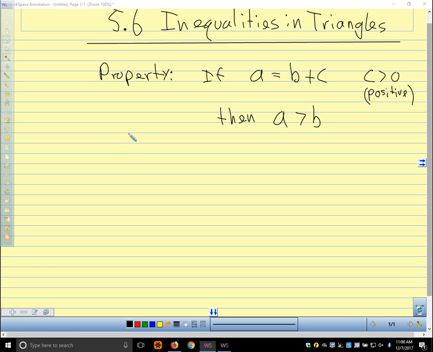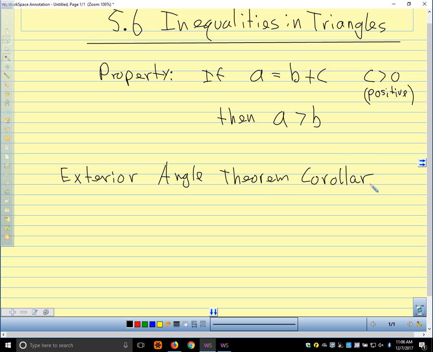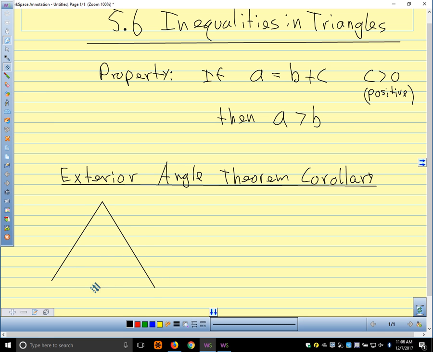All right. So the first inequality that we're going to talk about has to do with exterior angles. And this is a corollary. And remember, a corollary is just something that we can figure out easily once we already know a theorem. So let me draw a picture so we can remember something about exterior angles. There's our triangle. I'm going to call this angle 1, this angle 2, and this angle 3.